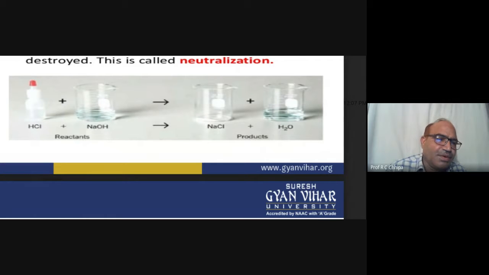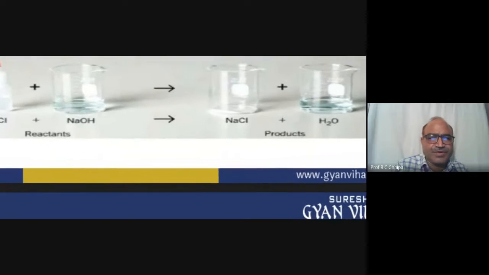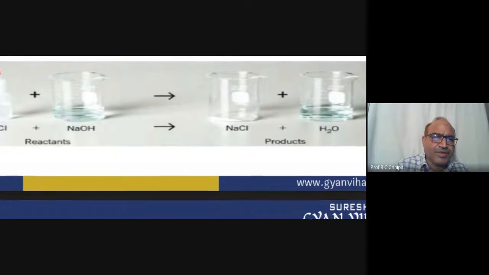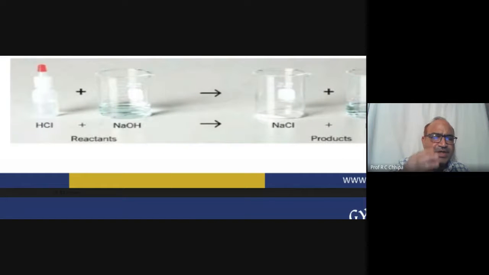All of you have to know that sodium hydroxide is hygroscopic, and it is available as flakes or tablets. So when sodium hydroxide and hydrochloric acid react, the products are sodium chloride and water.